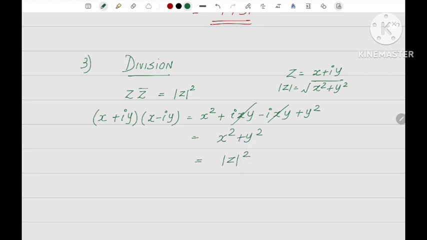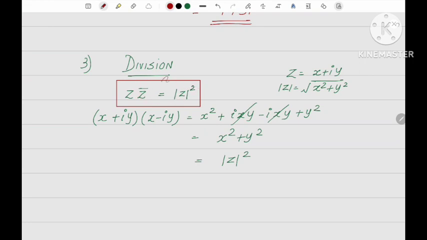So this is one important lemma or concept you can remember. It is used very frequently. z times z bar is equal to mod z square. Multiply a complex number by its conjugate, you will get the square of the magnitude of that complex number. This property is going to be used in division.